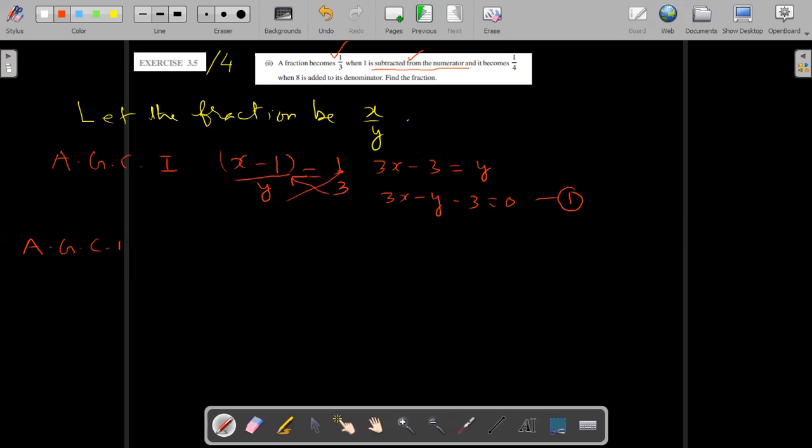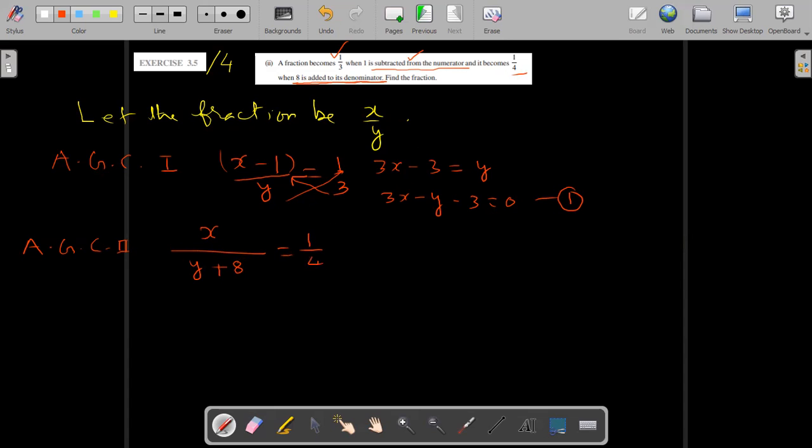Second condition now, according to the given condition number 2: it becomes 1 by 4 when 8 is added to the denominator. Only the denominator is increased by 8, so the numerator will not change here, x as it is, and 8 added to the denominator means y plus 8. Then it becomes 1 by 4.